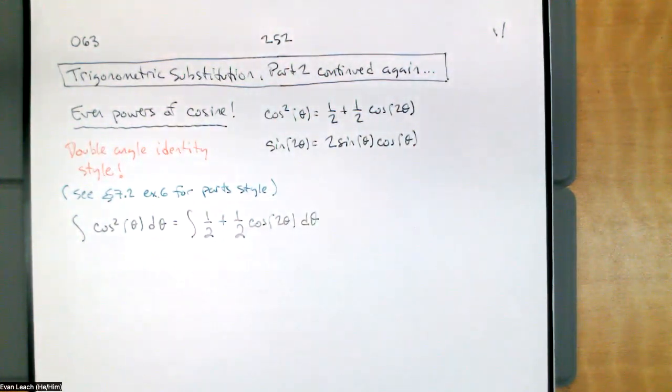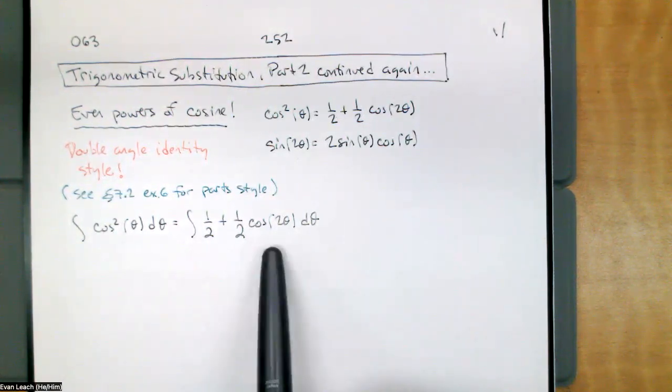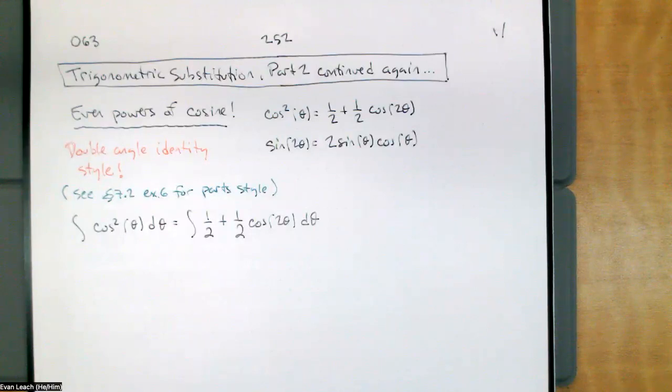Replace your cosine squared with the double angle identity involving cosine. The reason is integrating cosine with the 2 as an exponent is wildly inconvenient. Integrating cosine with the 2 as a coefficient in the argument is borderline trivial.